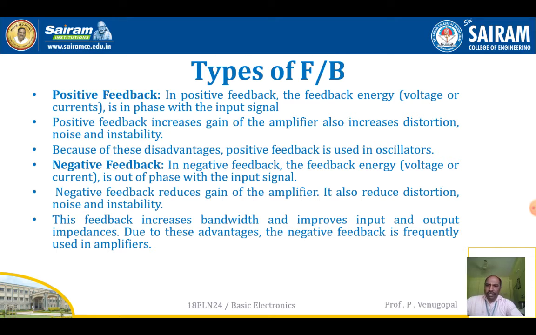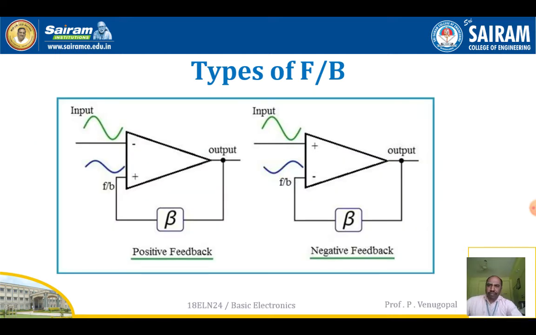Because of these advantages, negative feedback is employed in amplification. Negative feedback increases the bandwidth and also improves the input and output impedances. Due to these advantages, negative feedback is frequently used in amplifiers.